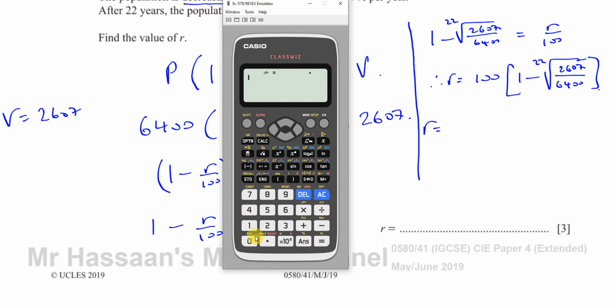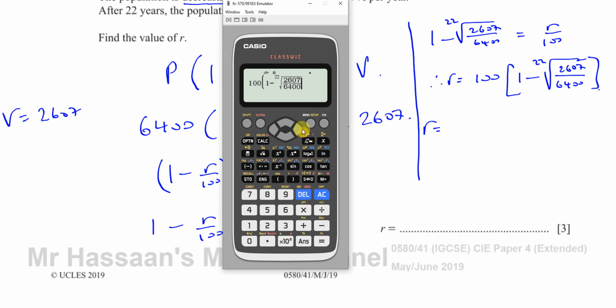We have 100, then brackets, 1 minus the, now I'm going to use this button here, shift and this button, and I can choose the root I want. I want the 22nd root of, and I'll have the fraction here, 2,607 divided by 6,400.